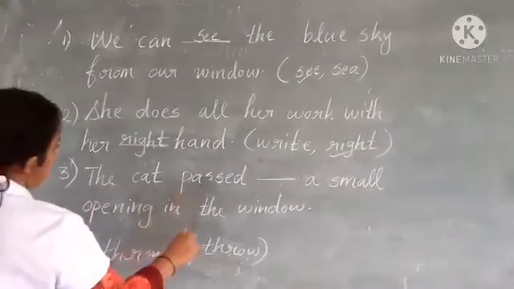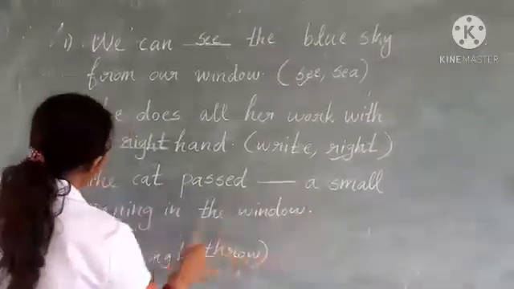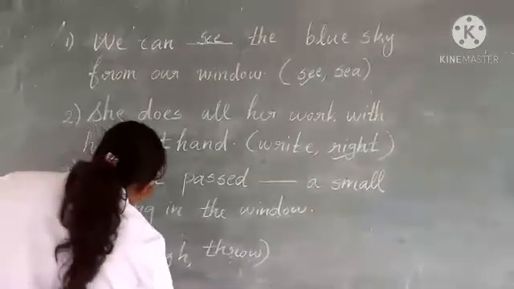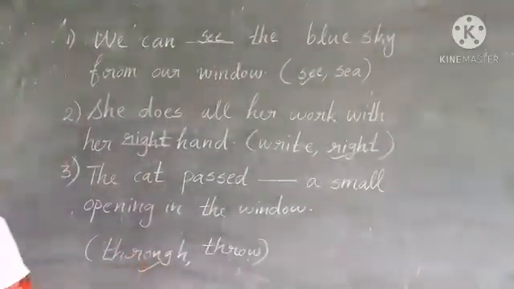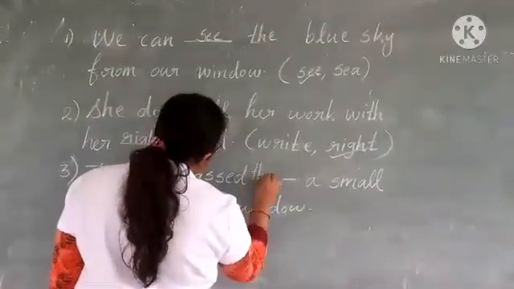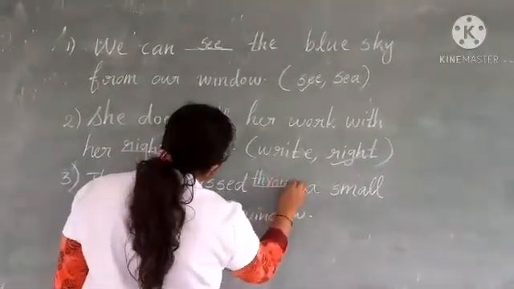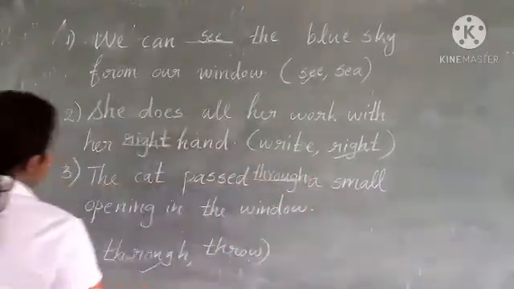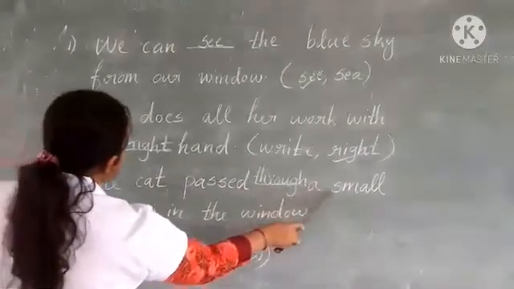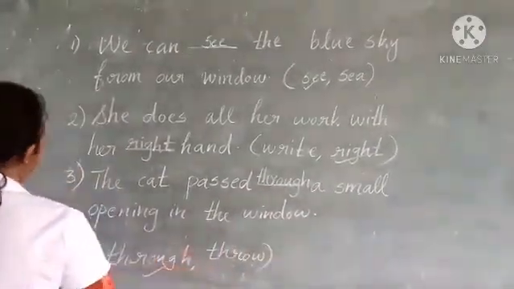The cat passed dash a small opening in the window. So this is the right answer, through, T-H-R-O-U-G-H. So how to read the sentence? The cat passed through a small opening in the window.